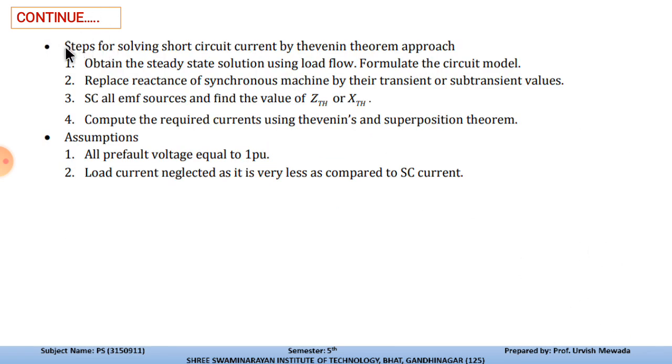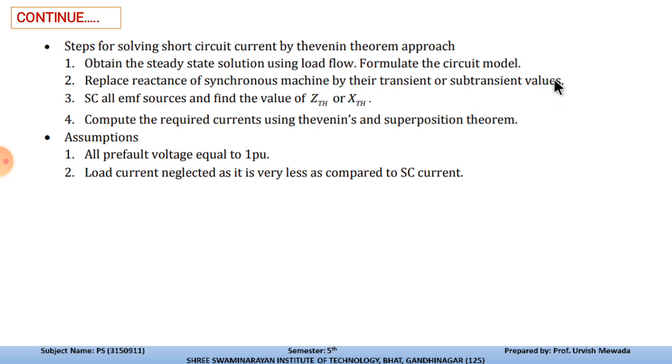And these are the steps for solving the short circuit current by Thevenin's theorem. First is to obtain the steady state solution using the load flow and formulate the circuit model. Second is to replace the reactance of the synchronous machine by their transient or subtransient values.